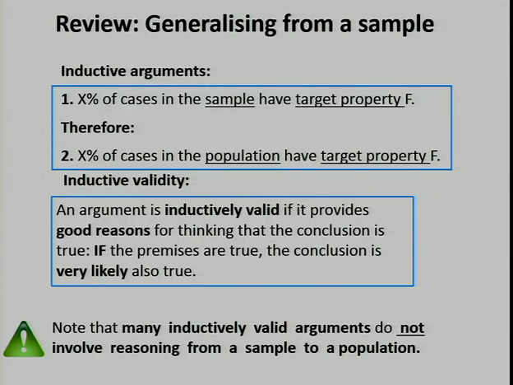The question is always: given that we have observed a certain target property in the sample, can we assume that the same target property will also be present in the whole population? We distinguished that type of inductive argument from arguments that are inductively valid, where the argument doesn't guarantee that the conclusion will be true if the premises are true, but it does make it more or less likely.